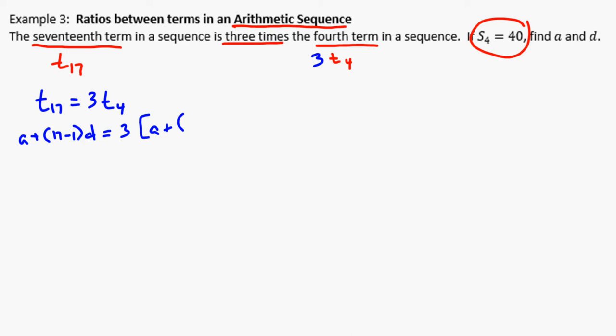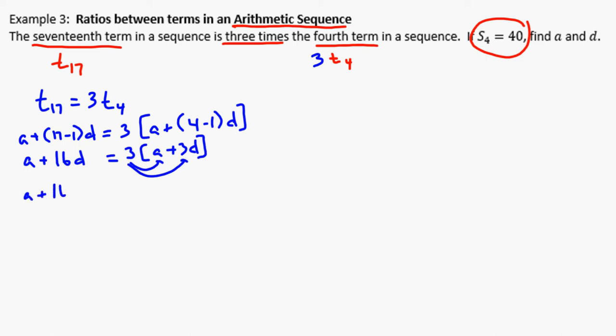Not 3, Mr. Wills, but 4 minus 1 D. So here I'm going to get A plus 16D is equal to 3 square bracket A plus 3D. Distribute this in, boom and boom. So A plus 16D is equal to 3A plus 9D.